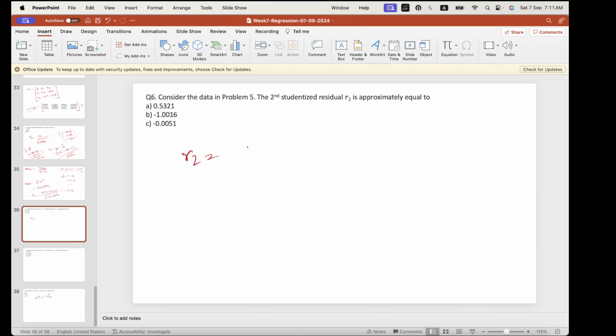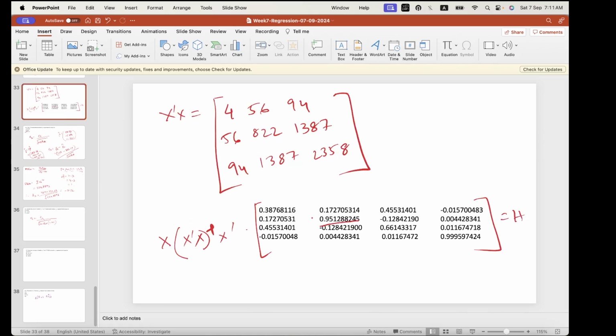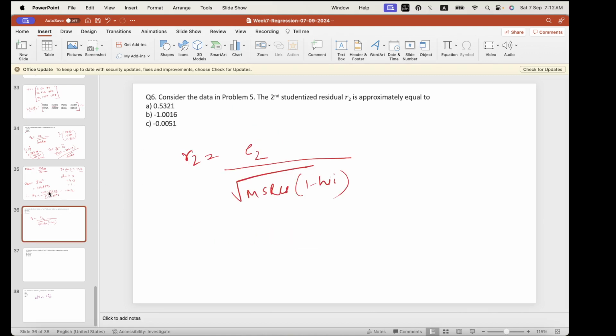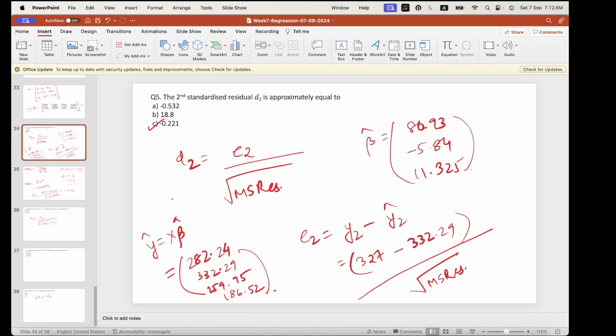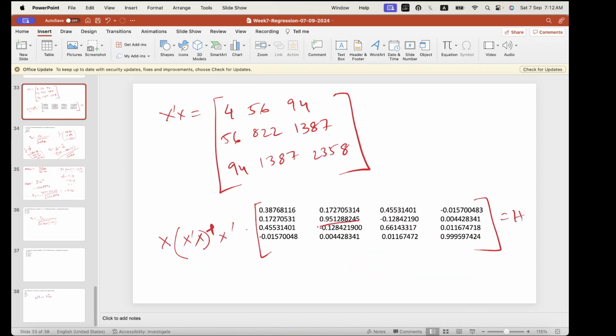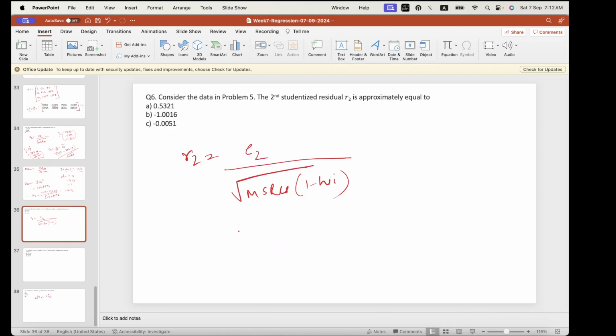So then r2 will be e2 by root over MS residual into 1 minus hii. So hii was how much? This is d2, so this will be h22. So h22 was 0.95. So then this will be d2 minus 0.22 divided by root over 1 minus 0.95.